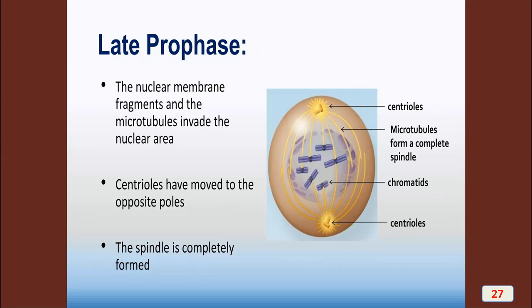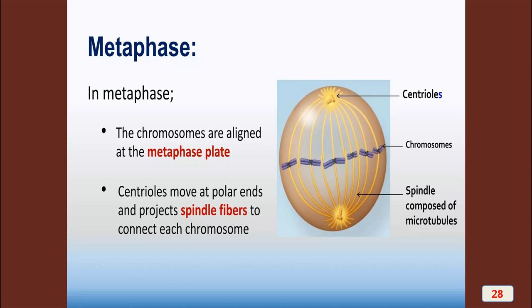Then in late prophase, you can see that the centrioles are going away from the center, whereas the spindle is completely formed at this particular stage. In the case of metaphase, the chromosomes are aligned at the metaphase plate.